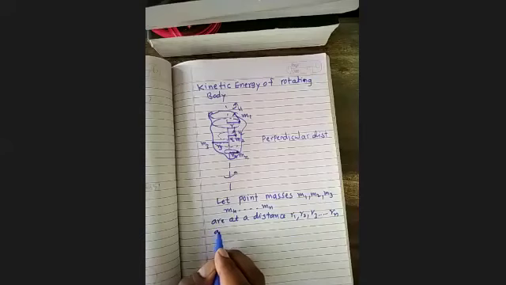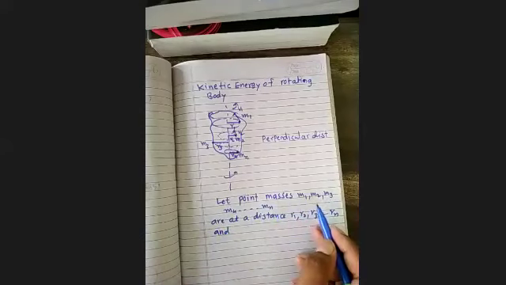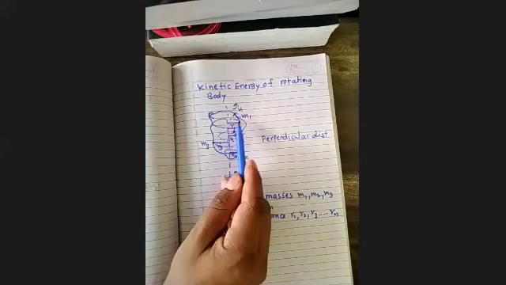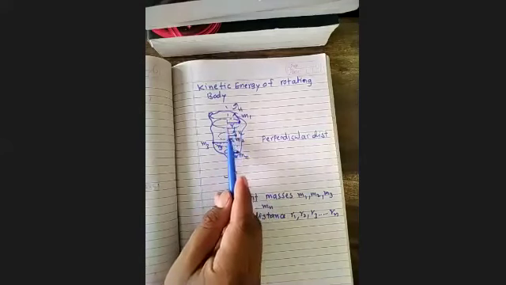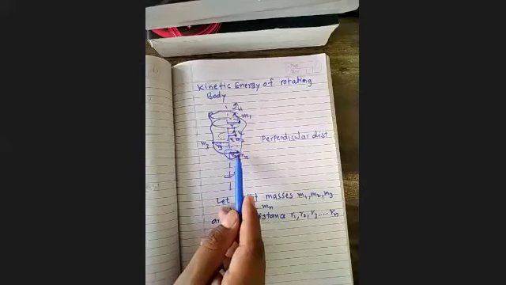How many point masses are there? N number of point masses: m1, m2, m3, m4 up to mn. M1 is at distance r1, m2 is at distance r2, m3 is at distance r3, and the nth particle is at distance rn.